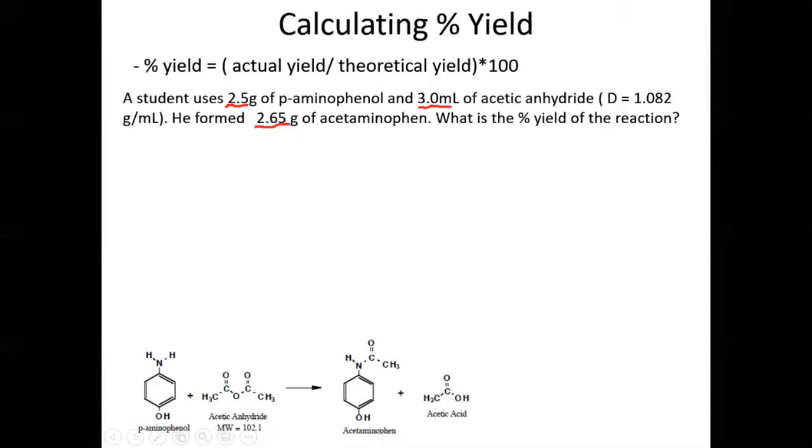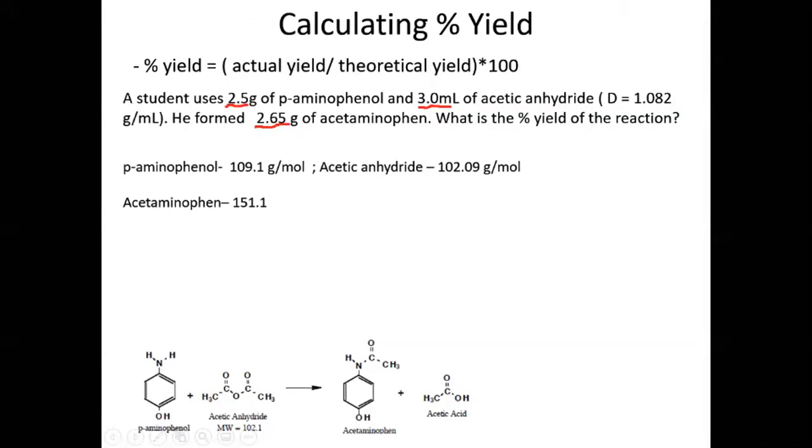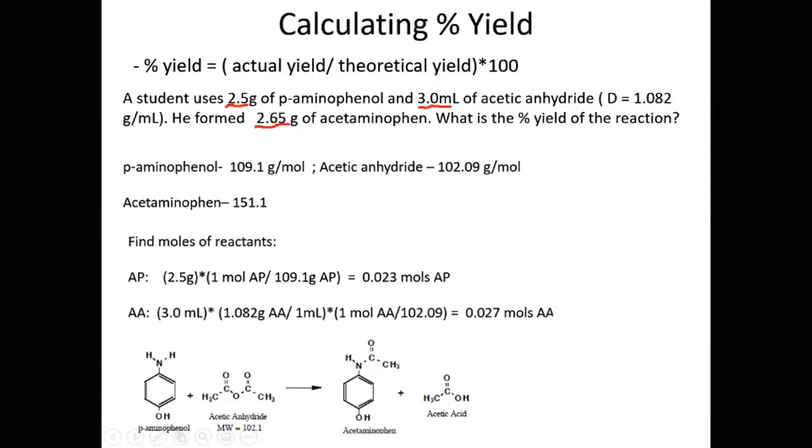So again, let's dust off our limiting reactant skills. So of course we need the molar masses. We need to find the moles of each reactant. So again, acetic anhydride, you got to convert to mass, and then from mass to moles. Which one produces the fewer moles? That's our limiting reagent, and we convert that to products.